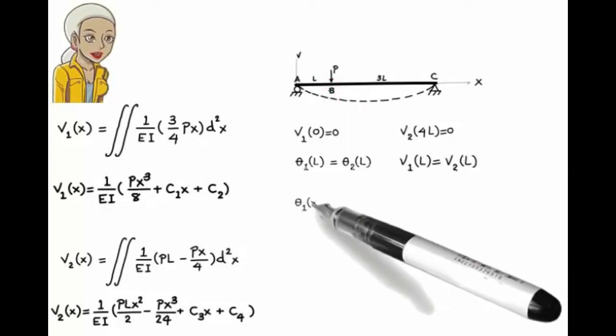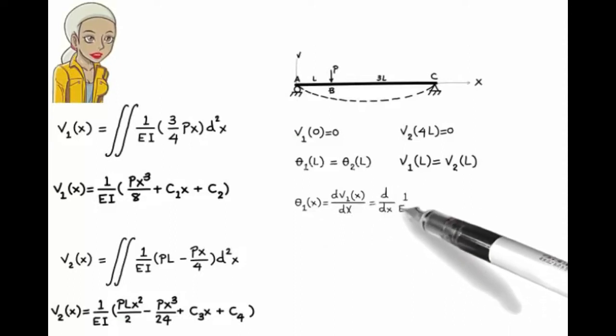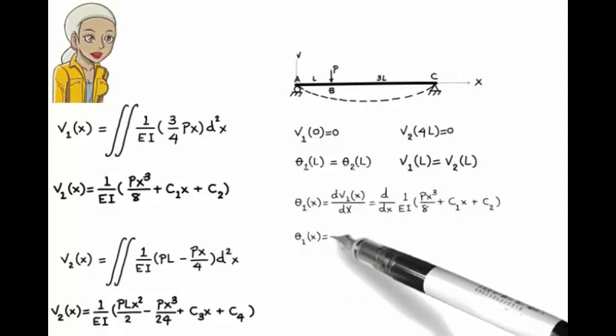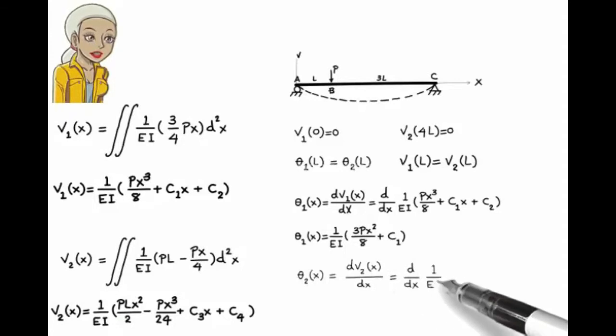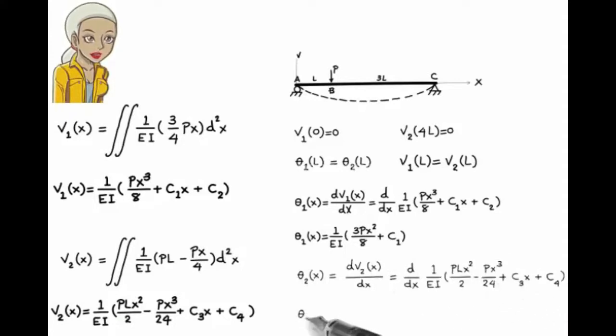Since theta equals dV/dx, then theta1(x) equals 1 over EI times 3Px squared over 8 plus C1. And theta2 equals 1 over EI times PLx minus Px squared over 8 plus C3. Here are the 4 boundary equations altogether.